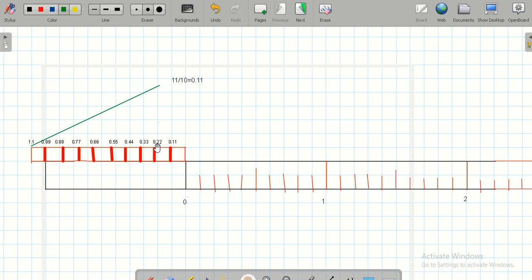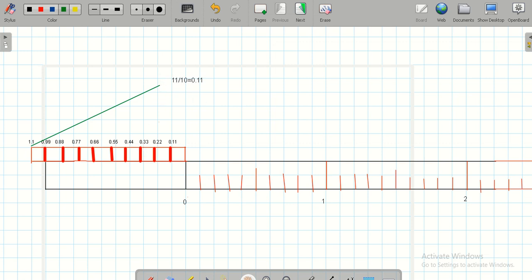If you add one more 0.11, it is 0.22, 0.33, like this. This is the 0 reference point. Means from this 0 you can measure on the left side 0.11 mm, 0.22 mm, 0.33 mm.